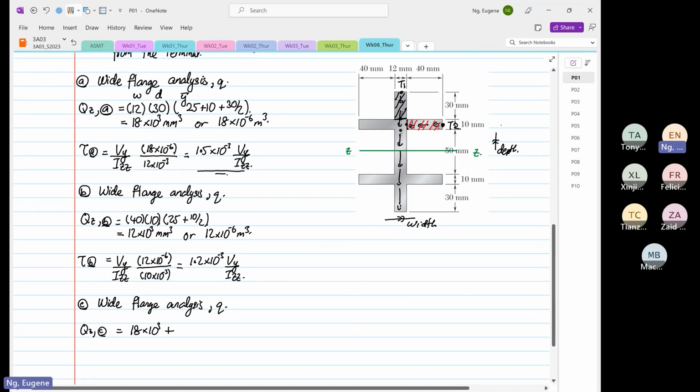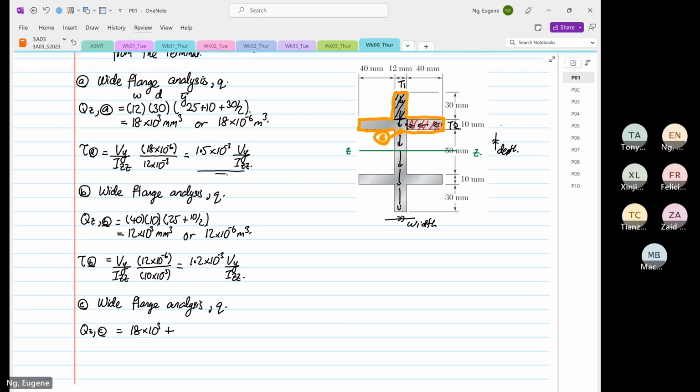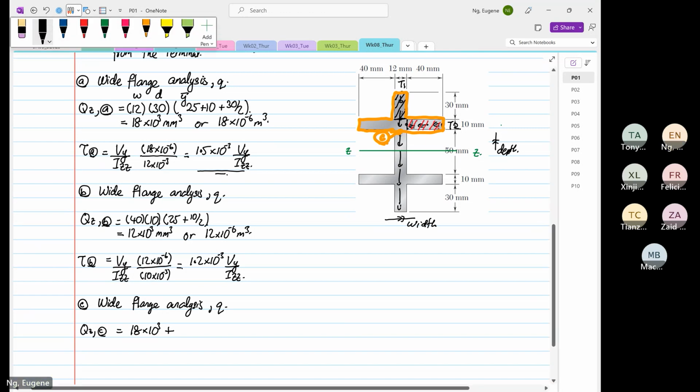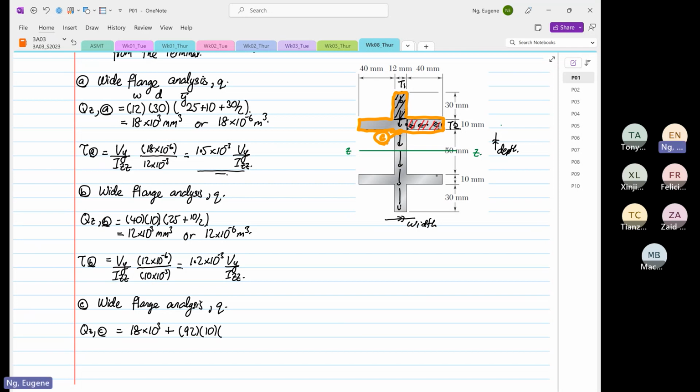So point C, I do apologize. Point C is now over here. This is our point C. So now we are going to take the area. This area we're going to take. Okay, we're going to cover this area. Okay. And then now the width is 92. The depth is 10. The Y bar is equal to 25 plus by 10 divided by 2.